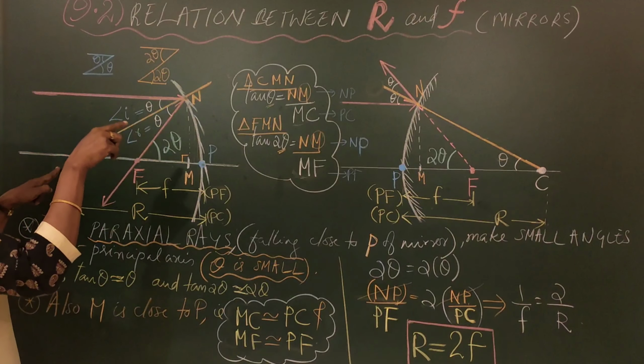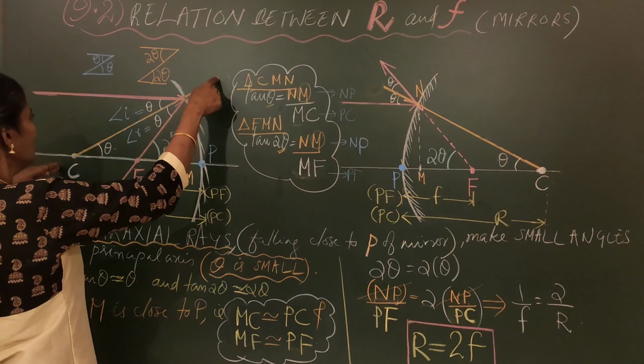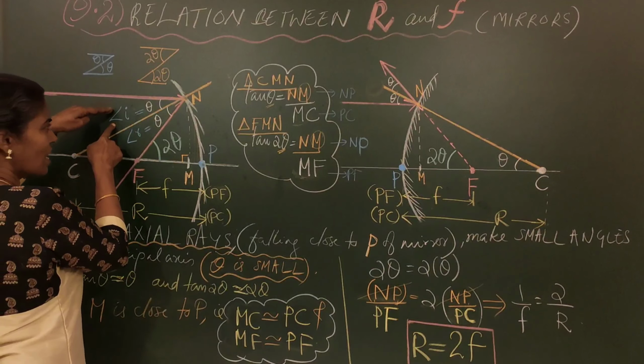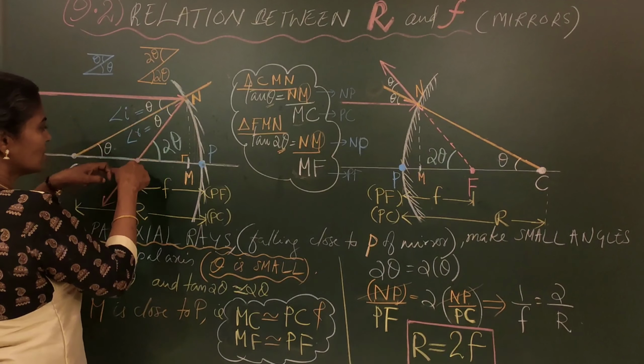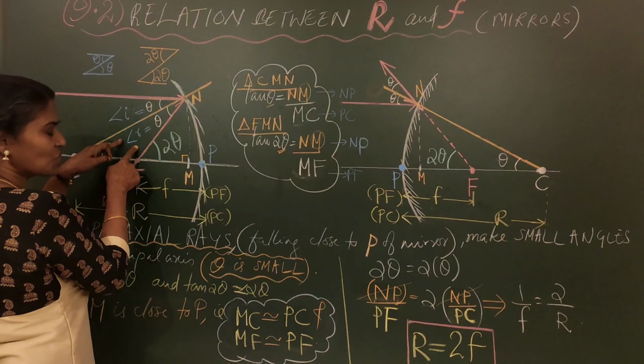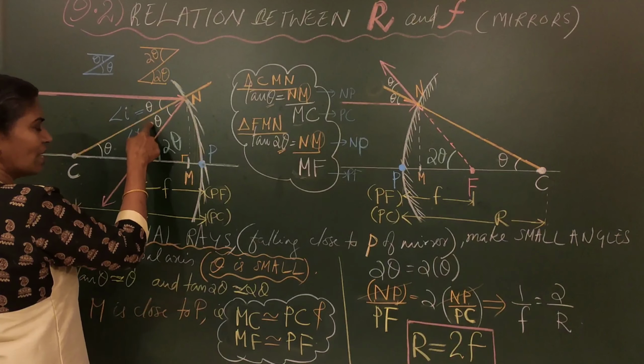Now to apply law of reflection, this is the normal, this is the incident ray, so this is angle of incidence I. Now this is the reflected ray, this is the normal, this is angle of reflection R. And we know that angle I equal to angle R.